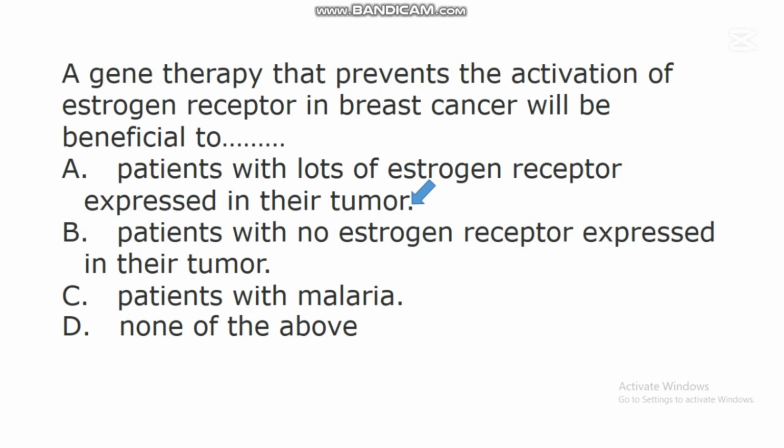Gene therapy is one of the ways of solving different health challenges.